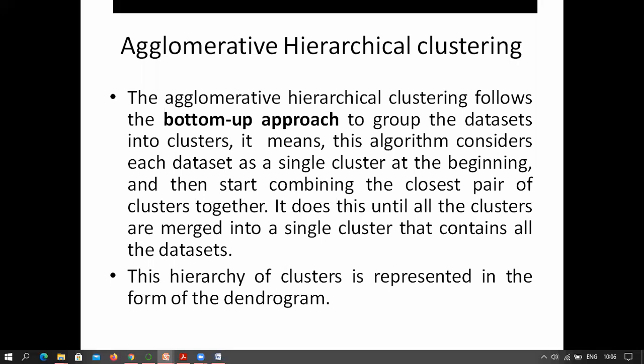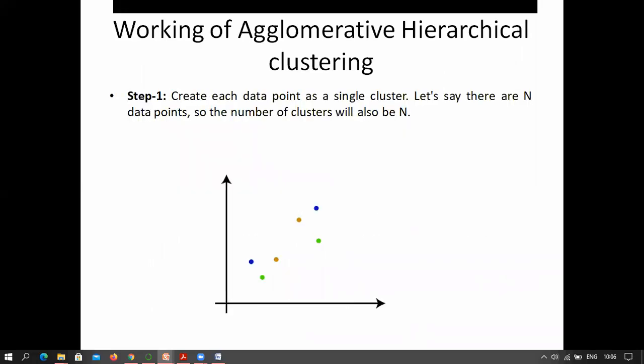We will find out the Euclidean distance between every pair of data points, and depending upon the shortest distance, we will find out which one is the closest pair. It does this until all the clusters are merged into a single cluster that contains the whole data set. These clusters are represented in the form of a dendrogram that I will take later on.